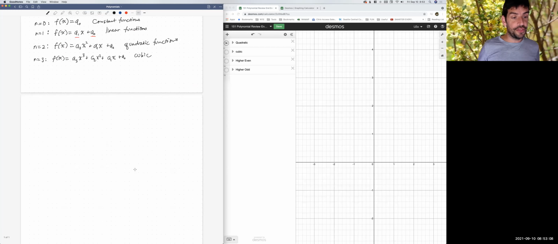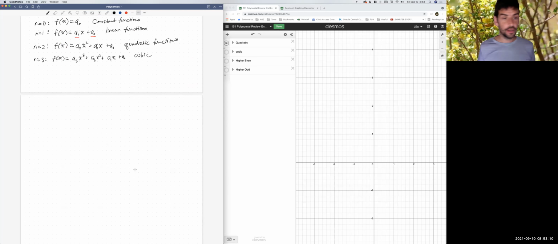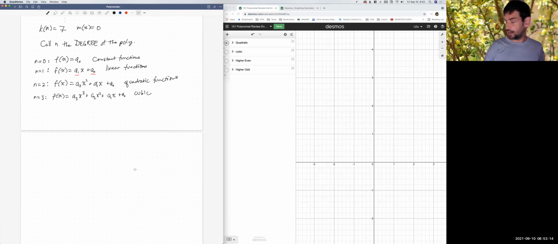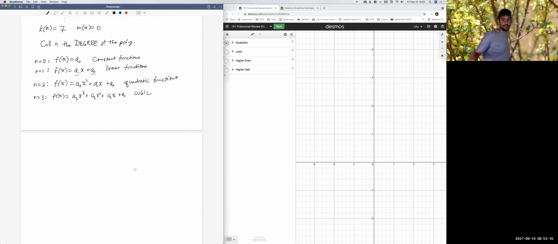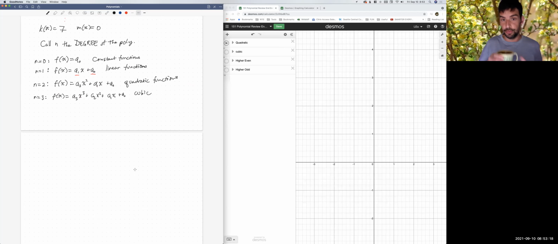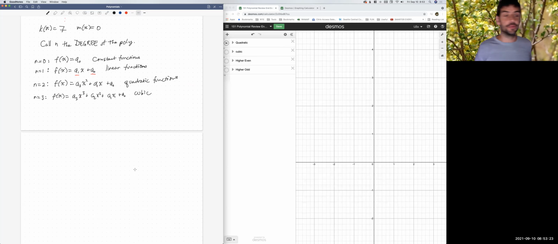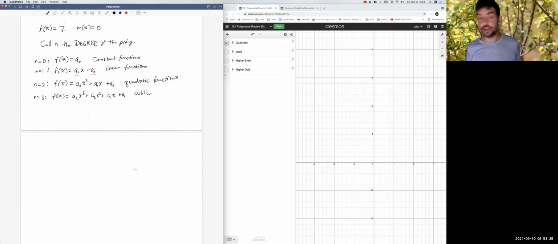So one thing to notice: I mentioned earlier that we often care a lot about the degree of a polynomial. One reason for that is that the degree tells us a lot about how a function behaves.